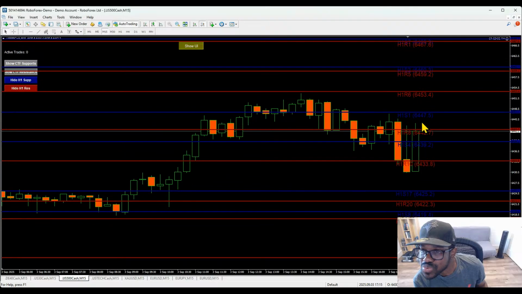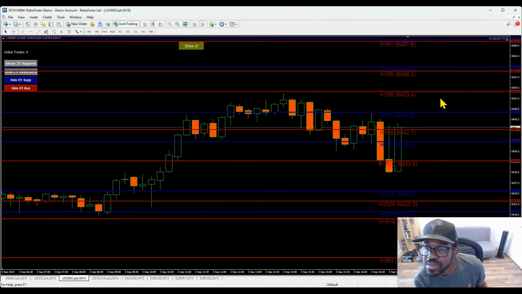But on the H1, we have a resistance zone. We're going to see exactly if it's going to reach above this level here to the upside. So make sure to monitor it.